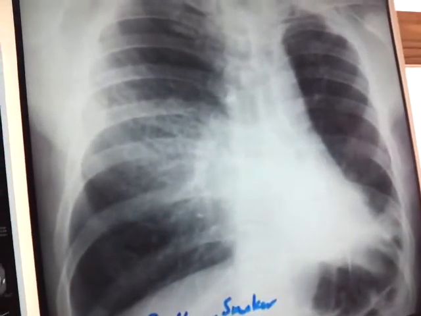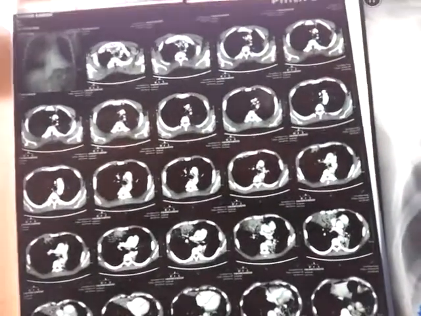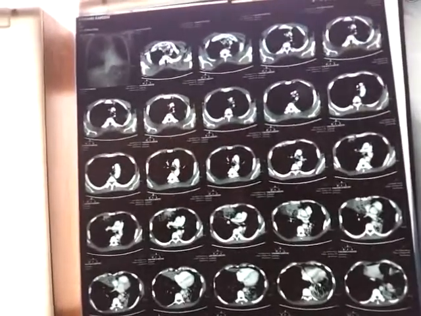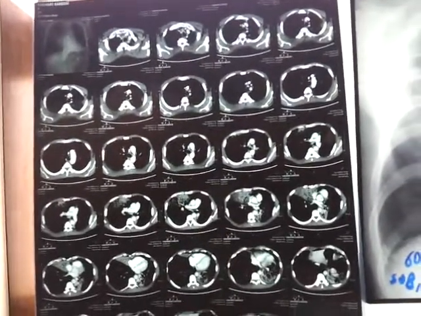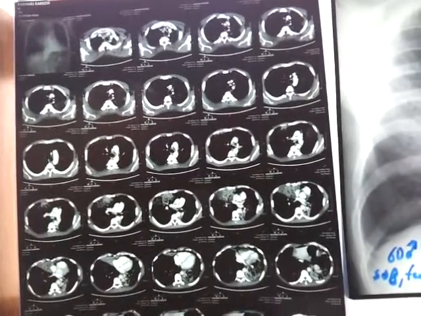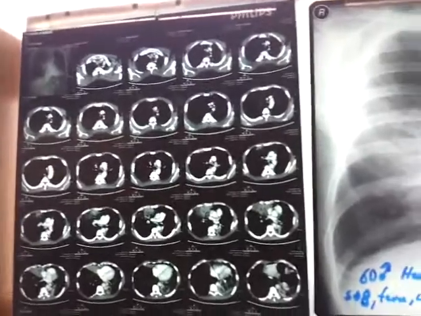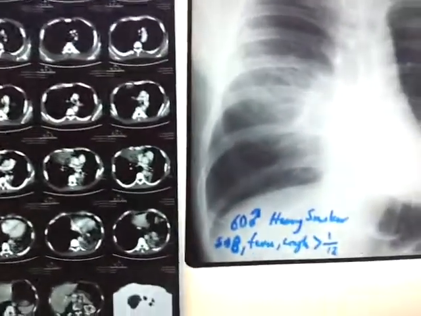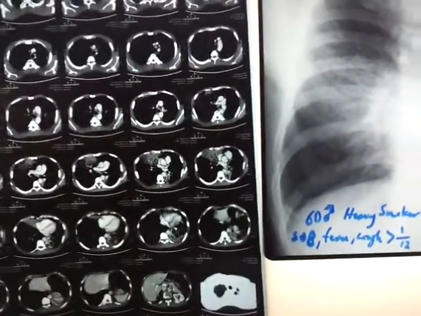Actually, we started this patient on a third generation cephalosporin, ceftriaxone, and clarithromycin. What is clarithromycin? It is a macrolide antibiotic, one of the erythromycin family.